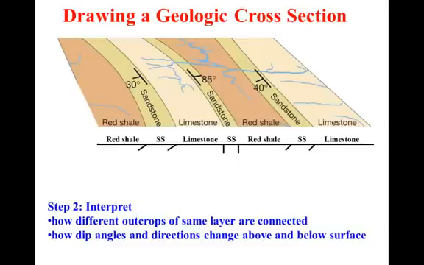Again, on the map, dip direction and angle has been measured where the layer intersects the ground, and it may change below the ground. And the portion above the ground has of course been eroded away. It's no longer preserved. It would have been there at some point in the past.